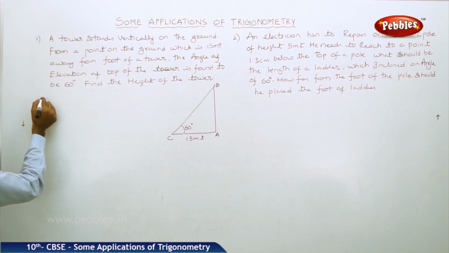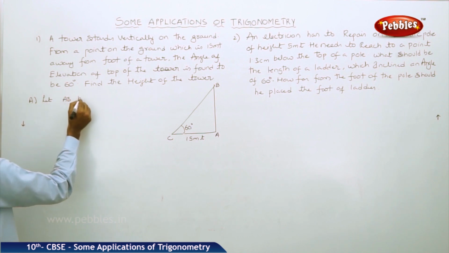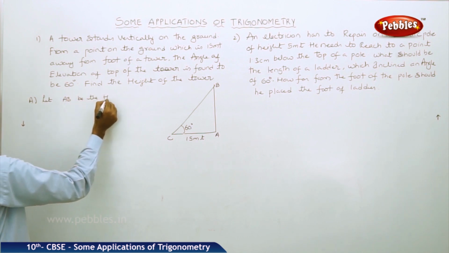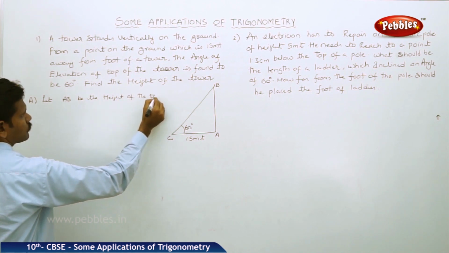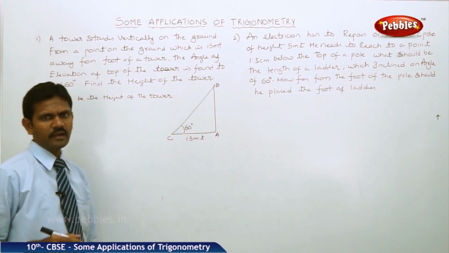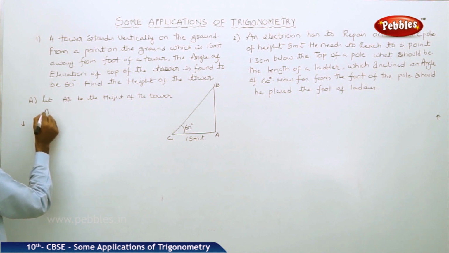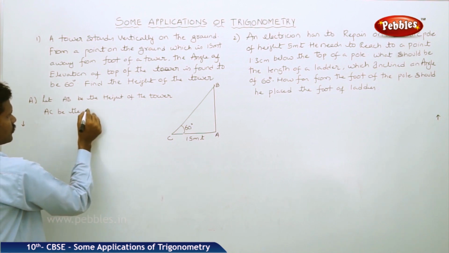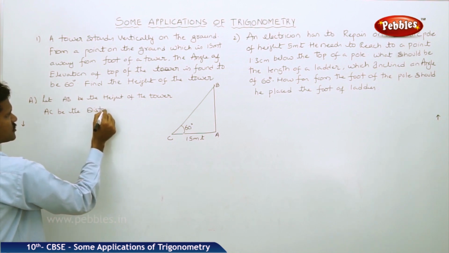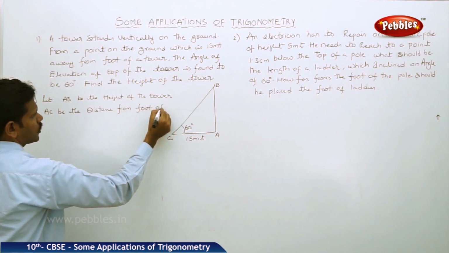Now let AB be the height of the tower, and let AC be the distance from the foot of the tower.